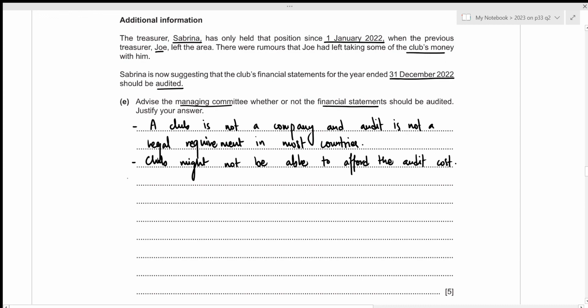Now let's write down comments for auditing. The first thing is that Sabrina, who is suggesting that this should be audited, will be assured that no suspicion was falling on her, because if Joe had left taking some of the club's money, in future periods Sabrina might be suspected of the same thing. But if there is auditing of the entire financial statements, then there will be no such suspicions.